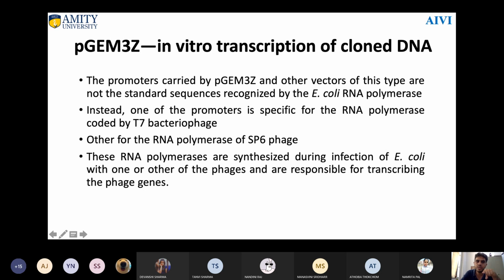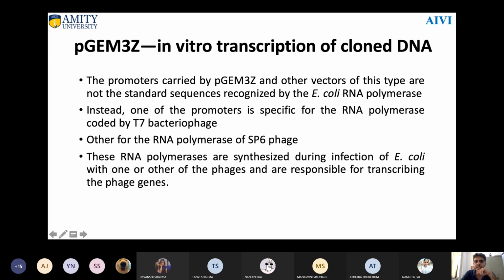So then what do you need? You need to manipulate your host itself so that it can synthesize the RNA polymerase that can recognize that promoter. Other than T7, there is also the SP6 phage RNA polymerase.